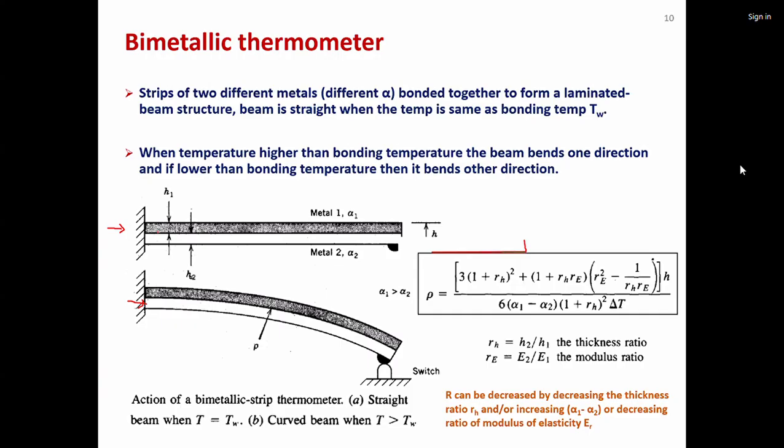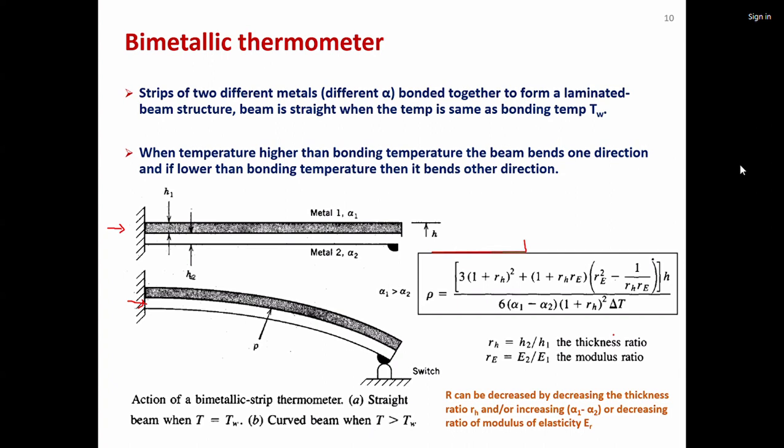Now, initially the beam is flat. Okay. That means the radius of curvature is infinite. And when there is a temperature difference, since alpha 2 is less, you actually have a bent structure of this beam. Now, this radius of curvature depends on various parameters. You can vary the radius of curvature by changing RH.